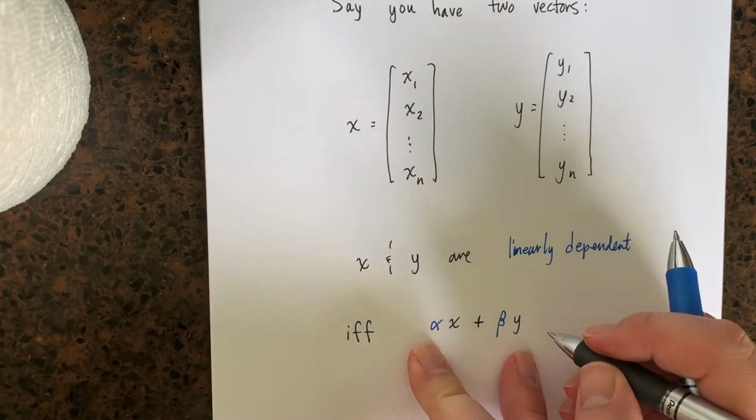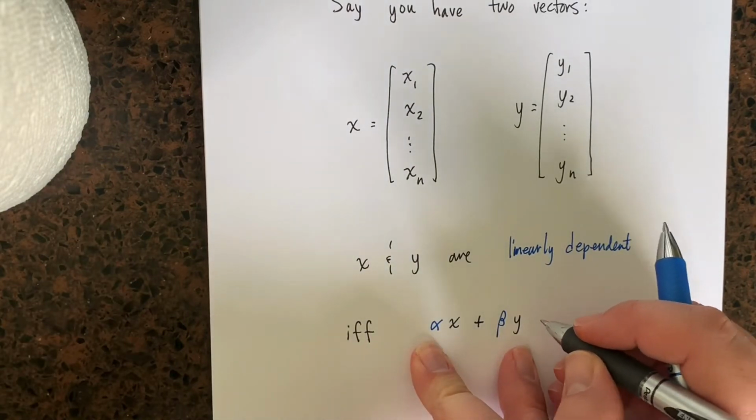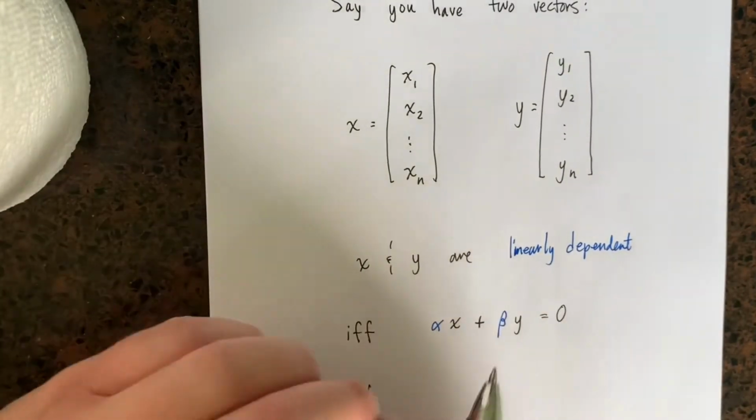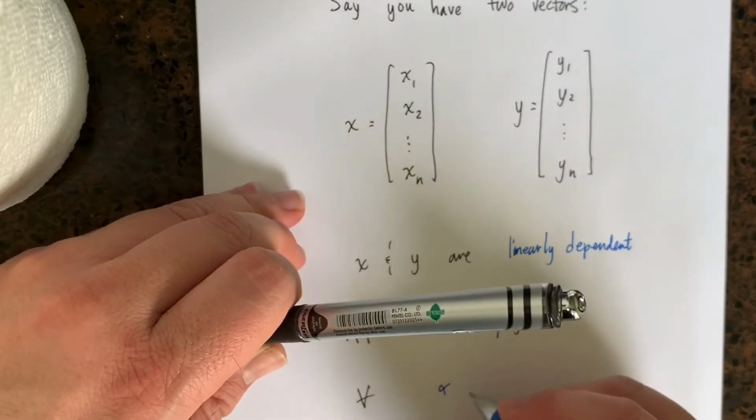So a scaled x and y, add them together, and that would equal 0, as long as alpha and beta are not equal to 0 themselves.